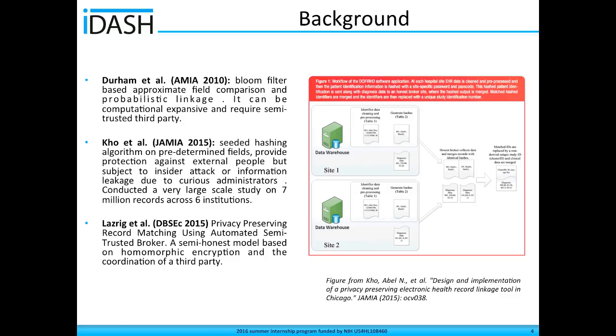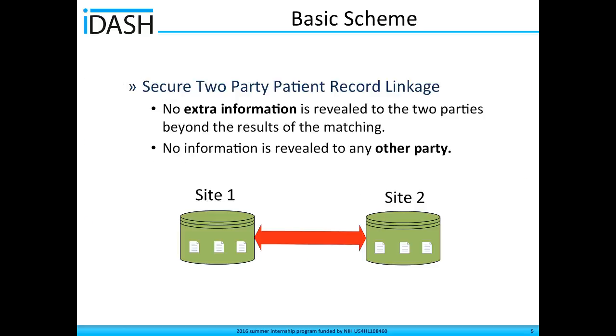But this method also requires a semi-honest third party, so it cannot guarantee the whole picture of security. So in our project, we propose an idea which contains two parties, and no other parties are engaged in the data linkage process.